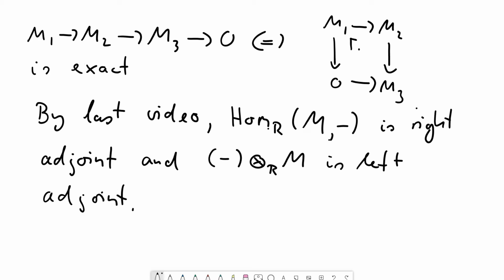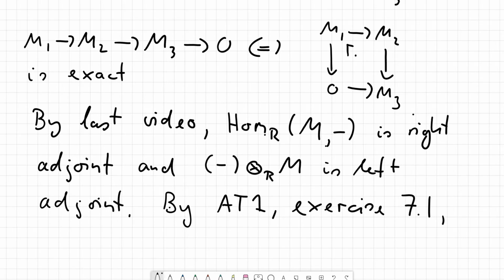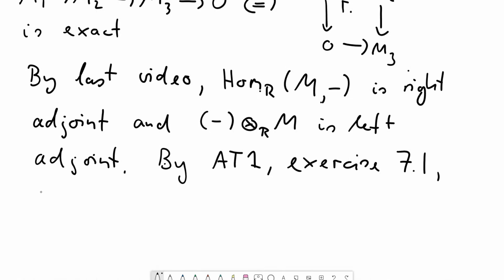And now our previous work is useful, namely in the first part of this course, Algebraic Topology 1, Exercise 7.1, so exercise sheet 7, number 1. There you proved actually that right adjoint functors preserve limits and left adjoint functors preserve colimits. So let me write this down.